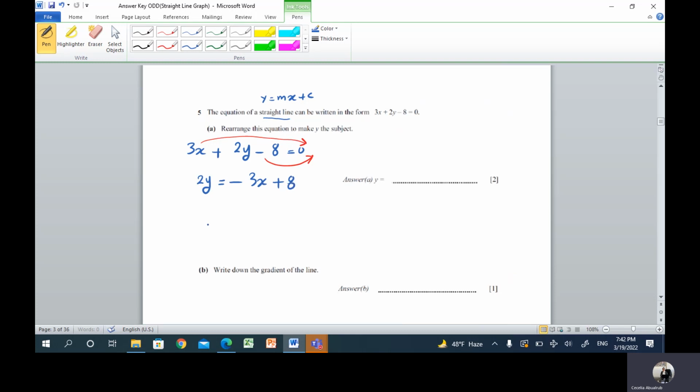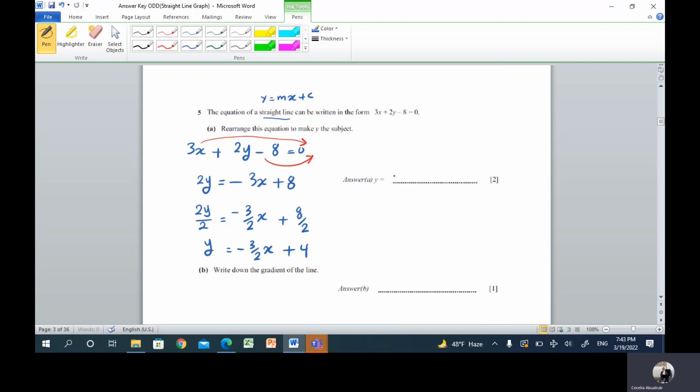And then we're going to divide each term by 2. So 2y over 2 is equal to minus 3 over 2x plus 8 over 2. So y is equal to minus 3 over 2x plus 4.